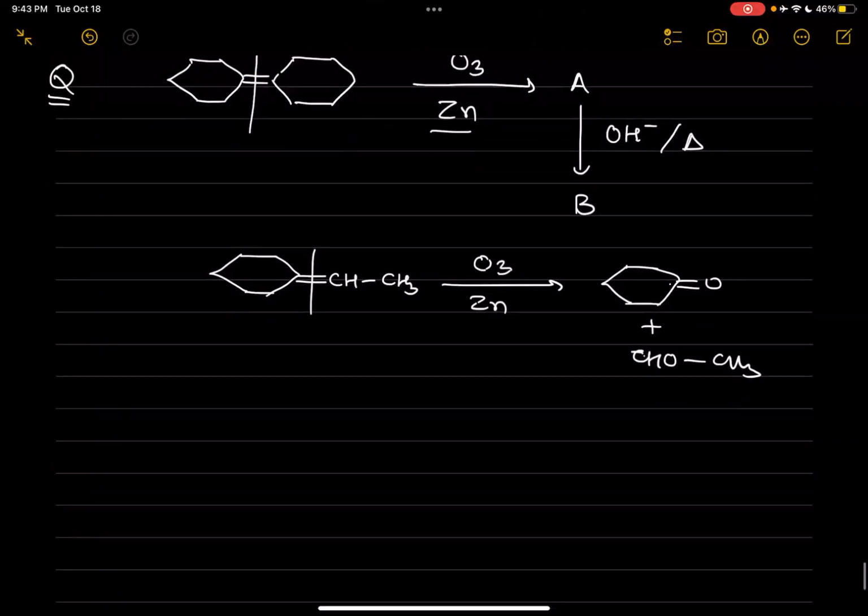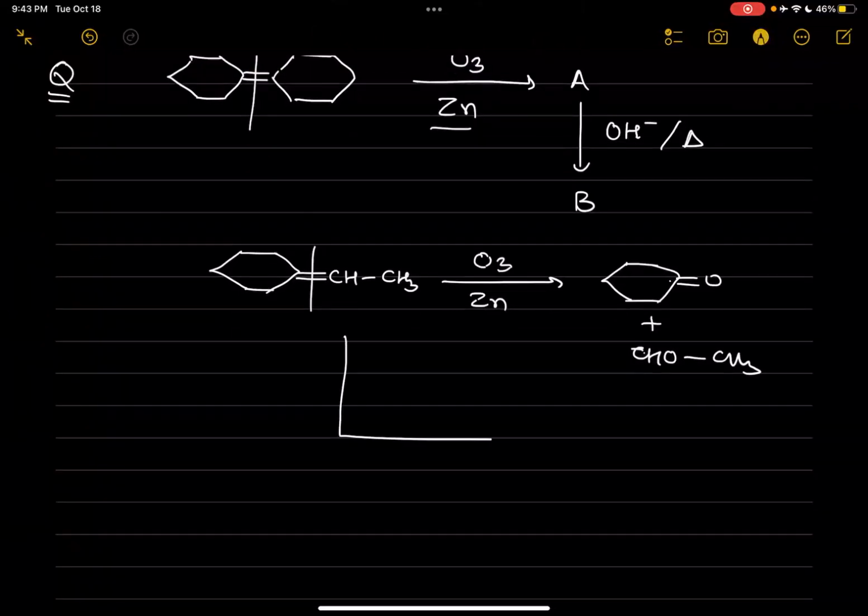But if it is oxidative, then you have to be careful, and just a little bit of care you need to take. Actually, you need to see what is given under the ozone. If zinc is not there, if water is given, then also it is oxidative. So this was a ketone, so cut the double bond, put oxygen, and this ketone is not going to change.